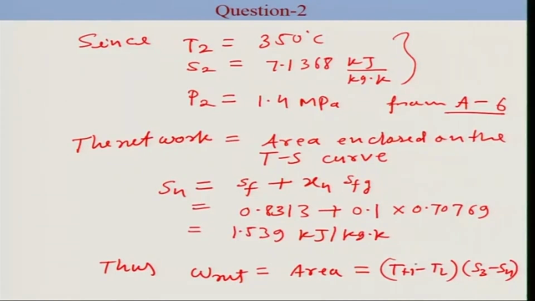After plugging in these values TH, TL, S3 and S4, which we have already calculated, we get W net equal to 1623 kilojoule per kg. So, now moving to the next question.